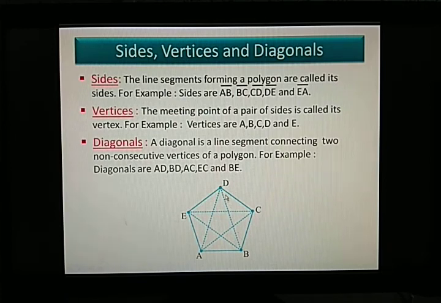A line segment connecting two non-consecutive vertices is called a diagonal. So how many diagonals are there here? AD, BD, AC, EC and BE. Now you may be wondering, what is this bar? We have given this bar to represent a line segment, because diagonals and sides are line segments.